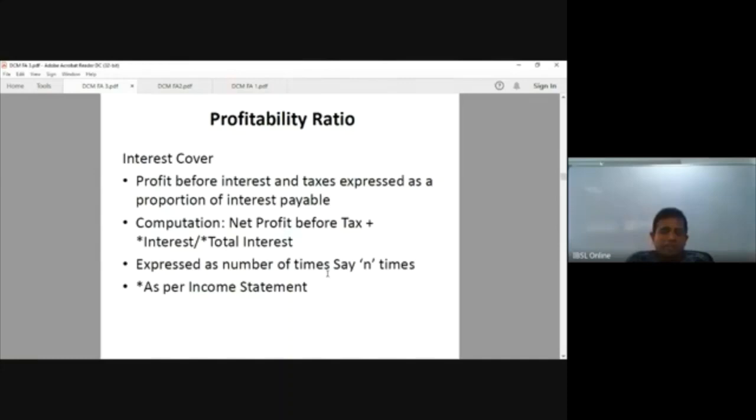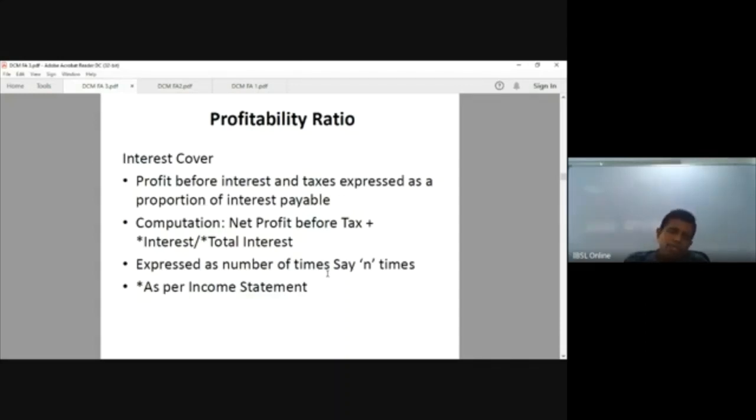For example, say your interest expense is 50 rupees, and your profit after tax is 450. You have a tax expense of 50, you add that back, then your profit before tax is 500. The 500 is arrived at after you deduct the interest expense of 50, because it is a profit before tax figure; only tax has not been deducted.